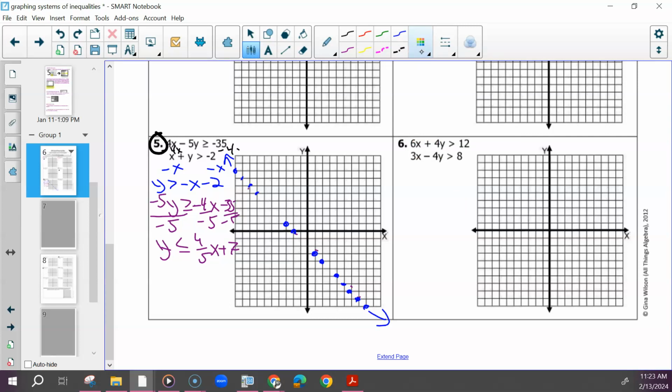Yes, nice. Okay. Okay. The blue line is shaded below or above?